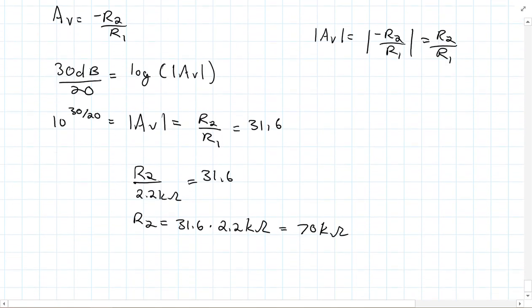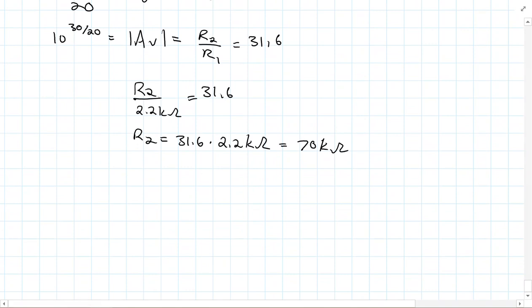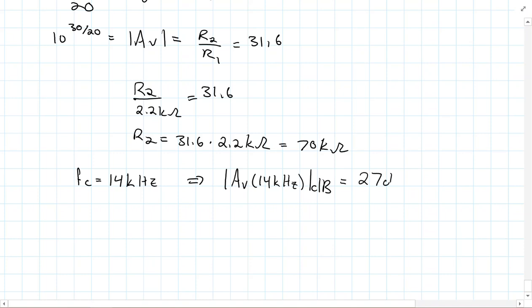Now, as a side note, let's remind ourselves what we had discussed in the previous video. This corner frequency of 14 kilohertz gives me that the magnitude of the voltage gain at 14 kilohertz in decibels is going to be 27 decibels.